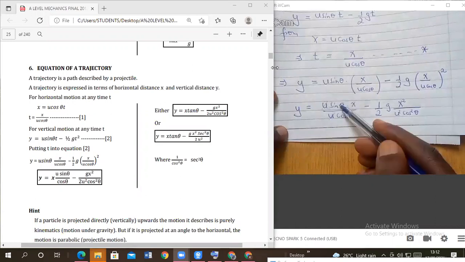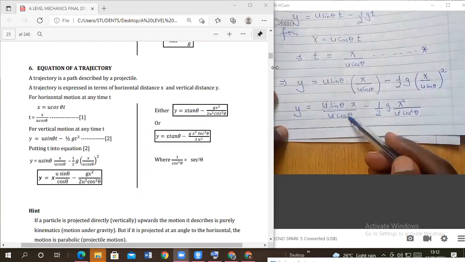Now we have sine over cos. What is sine over cos? tan theta.